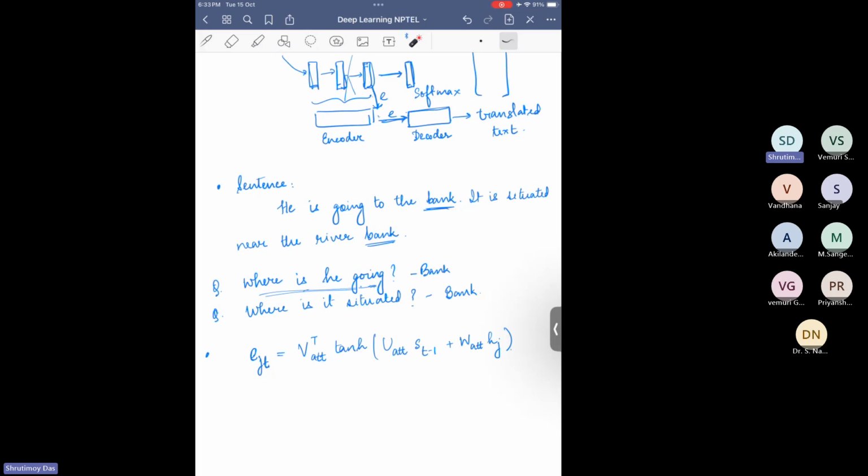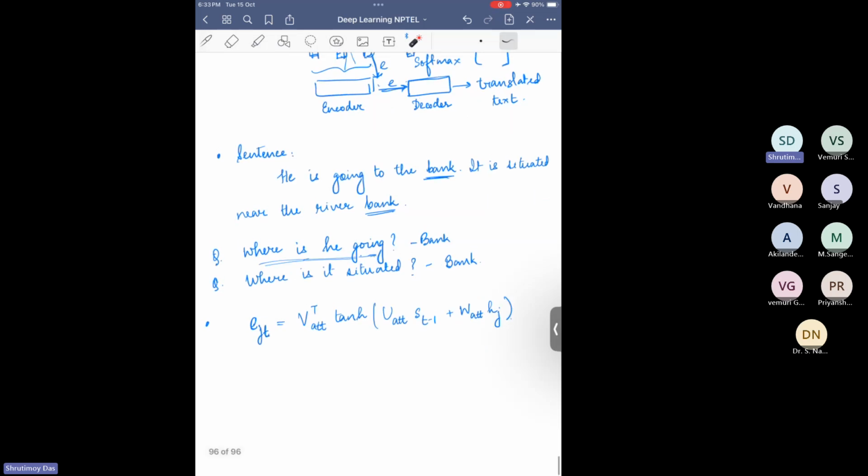But in practice we want everything to be between 0 and 1. If something is close to 0, we say there's a low attention score, and if it is close to 1, we say it's a large attention score. So we have to normalize this.